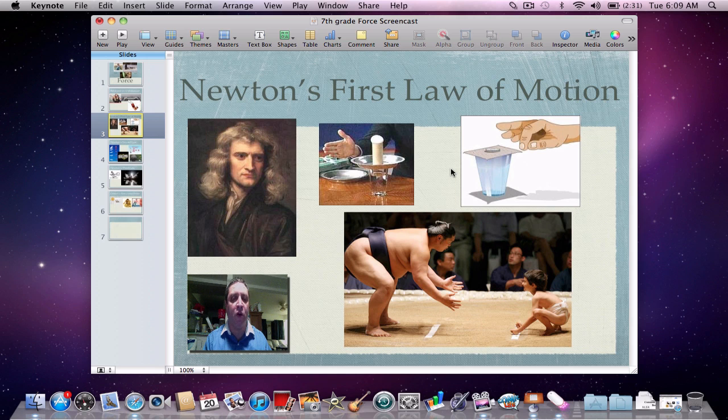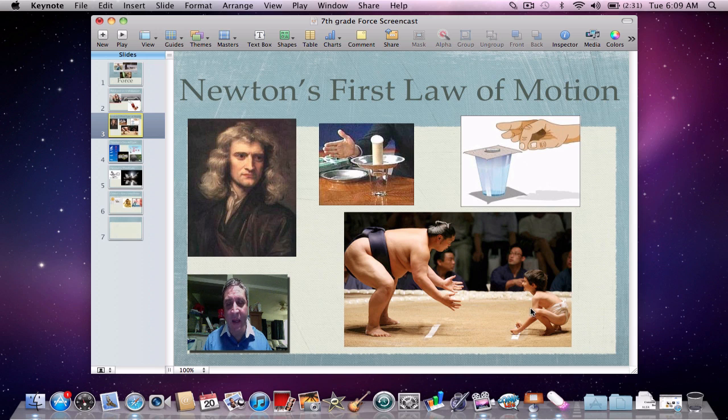Newton's first law is about inertia. Inertia is an ability to resist change. It's either staying at rest unless a force acts on it to move it, or staying in motion unless an outside force acts on it to stop it. But not everything has the same amount of inertia. The more mass you have, the more inertia you have.